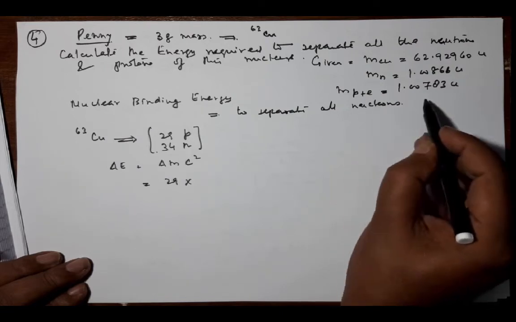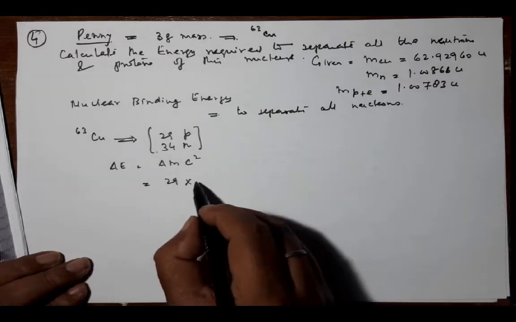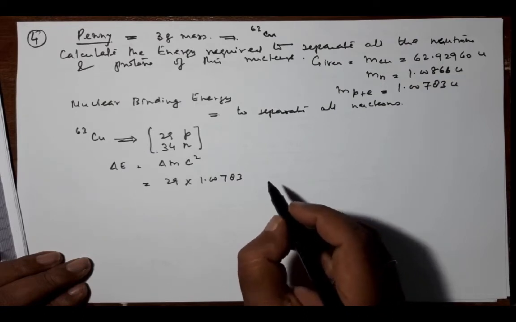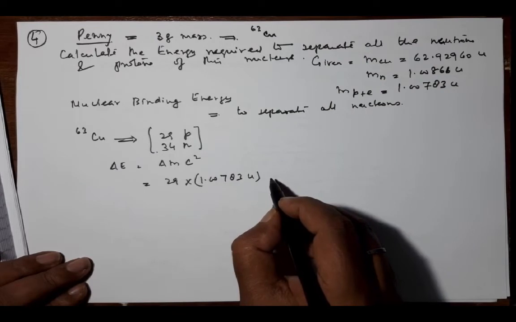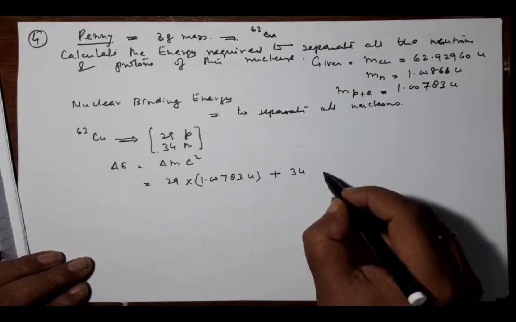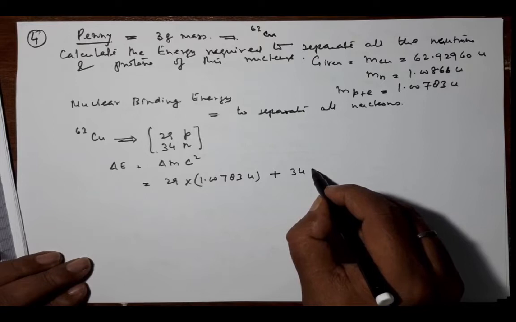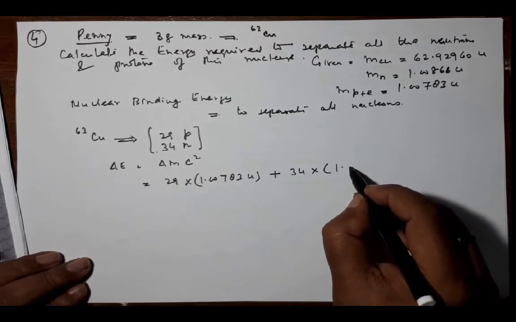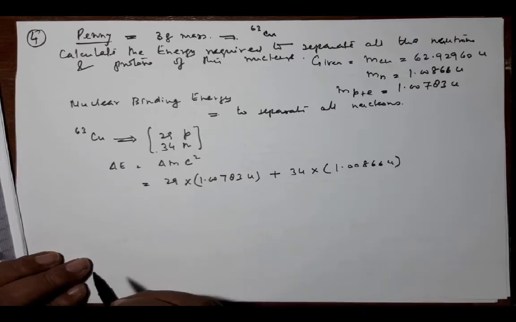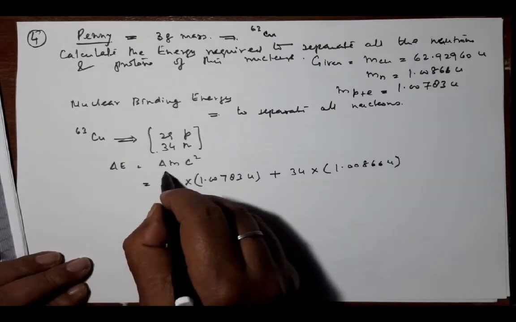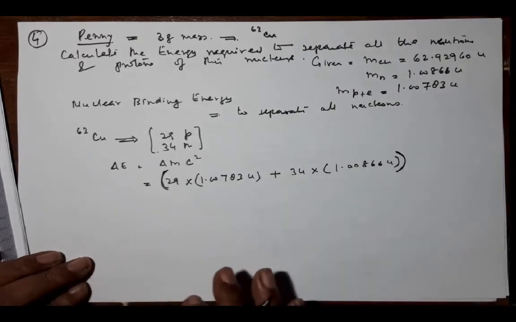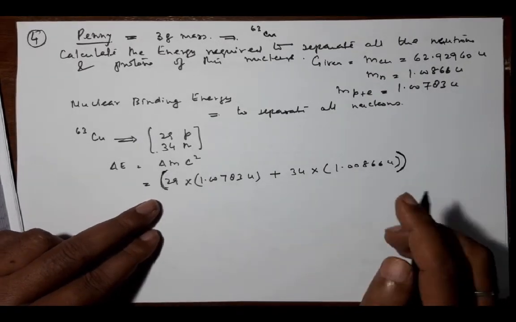Here it is given protons plus electron, that is 1.00783 U, and what is the mass of 34 neutrons, into 1.00866 U. This is the mass on the right hand side.